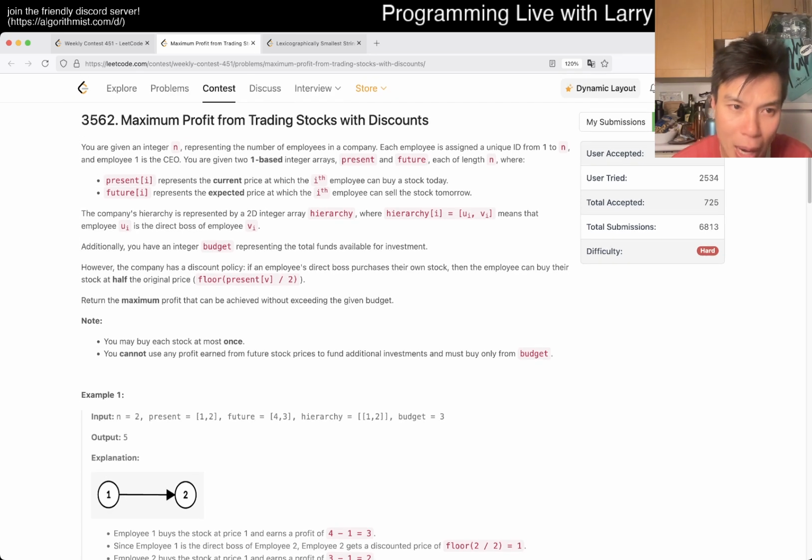So basically, you only buy if the future is, yeah, you buy each stock at most once. Huh? Oh, okay. But what does you can buy it once mean?